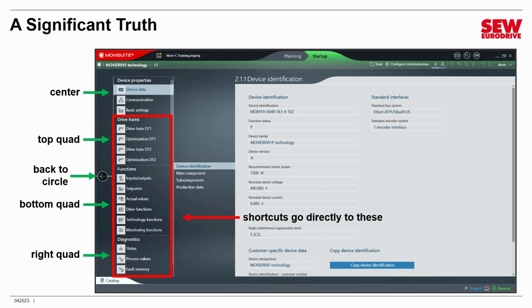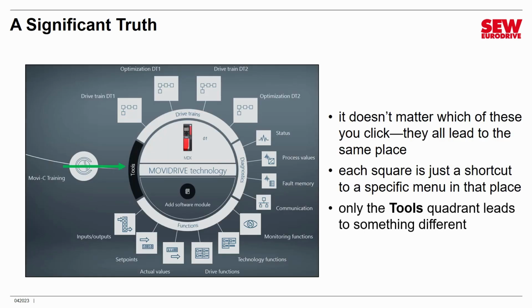So that is really all the navigation you need to understand to use MOVISUITE. MOVISUITE is really a very simple piece of software that's very intuitive. There's just one area that if you click, it's different, and it's black so you can tell it's different. It's the Tools section. If you click that quadrant, instead of going to the main menu structure, a little pop-out appears, and it contains several useful things.